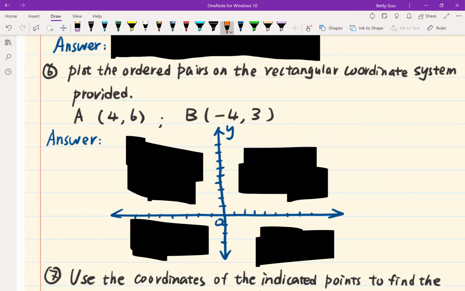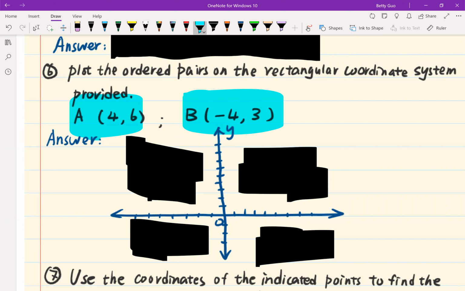Number 6 is the opposite. You are given 2 ordered number pairs, A and B. You need to plot the 2 points. A is 4, comma 6. Both x and y are positive. So which quadrant? Quadrant 1. Quadrant 1 is the right top corner.